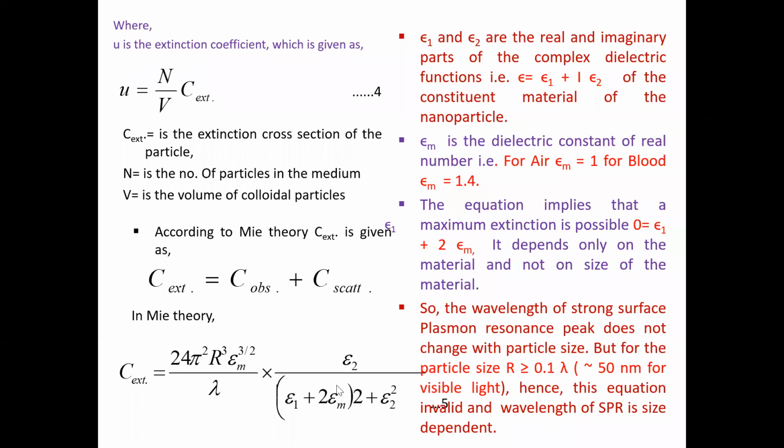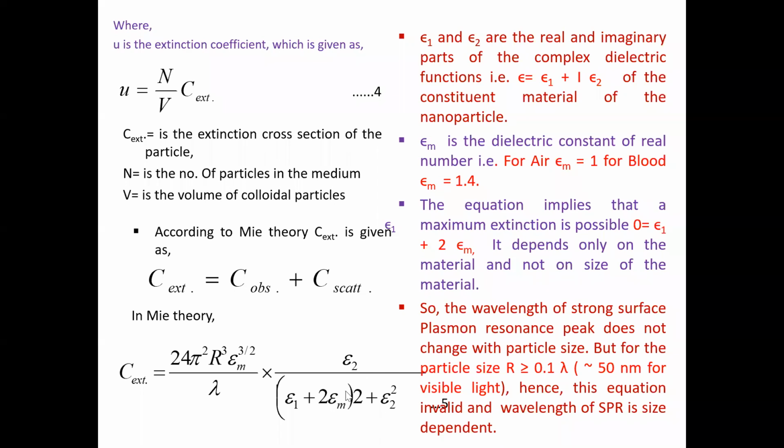So if epsilon is considered as epsilon 1 plus i into epsilon 2, that is the constituent material of the nanoparticles. But epsilon of the medium is a real number, and for vacuum epsilon equals 1, but for blood it is 1.4.